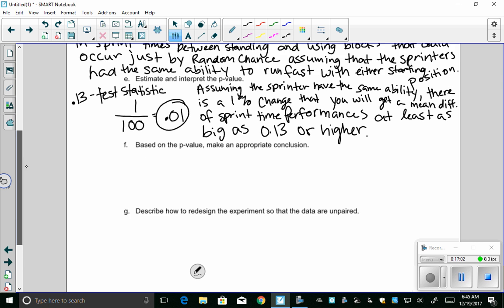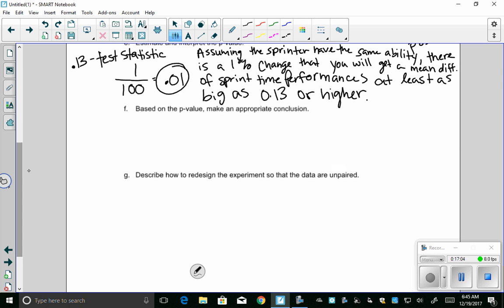So based on the p-value, which is 0.01, make an appropriate conclusion. Conclusion means to tell me, do you accept the null or alternative hypothesis?